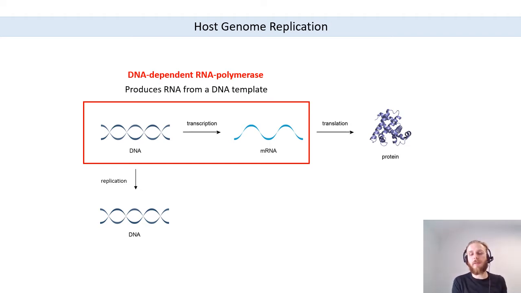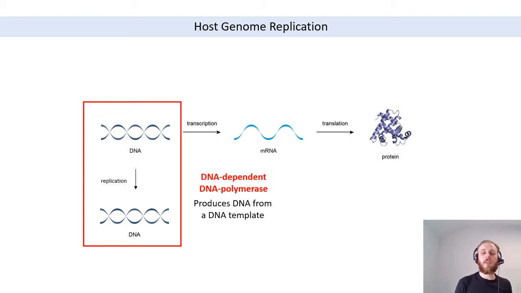So we really care about the enzyme here. In the host cell, as we've discussed, the enzyme that mediates this process is a DNA-dependent RNA polymerase. It's an RNA polymerase because it's producing RNA, and it's DNA-dependent because it's using the DNA genome as a template. Again, DNA-dependent RNA polymerase.